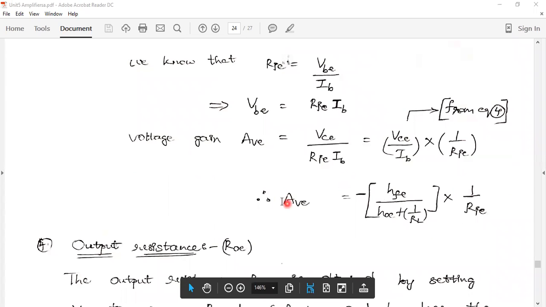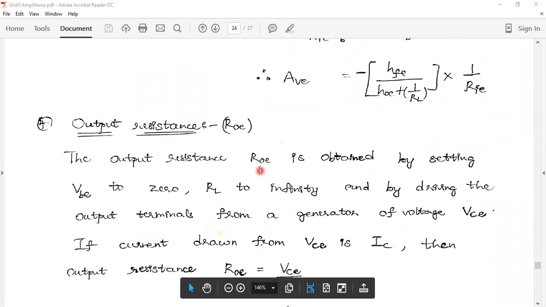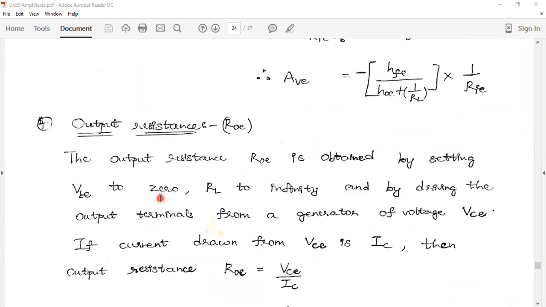This is the voltage gain equation. Similarly, next output resistance ROE. Output resistance ROE is obtained by setting VBE to 0. That is, to get the output resistance, we set the input voltage to 0, and RL is going to be infinity.